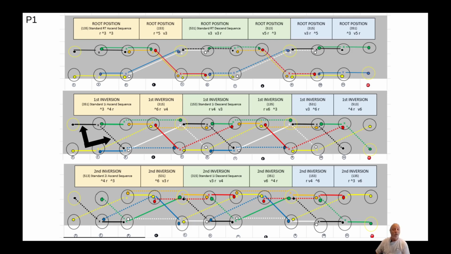Now with the inversions, you can see because we put the root as the top note in the first inversion here. So in the first inversion, we're playing 3, 5, 1, and so you can see that first interval there, that dark black line, is an interval of a third.